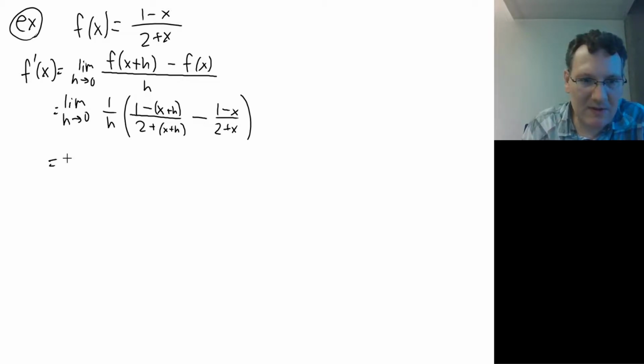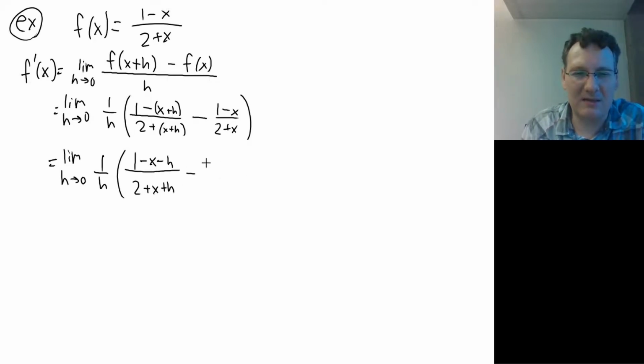I'm going to simplify things by trying to work things out a little bit. The limit as h goes to 0 of 1 over h times, let's see, we have 1 minus x, it would be minus h, 1 minus x minus h over 2 plus x plus h. All right, minus, well, that's not going to change, 1 minus x over 2 plus x. I'm going to try to get common denominators.